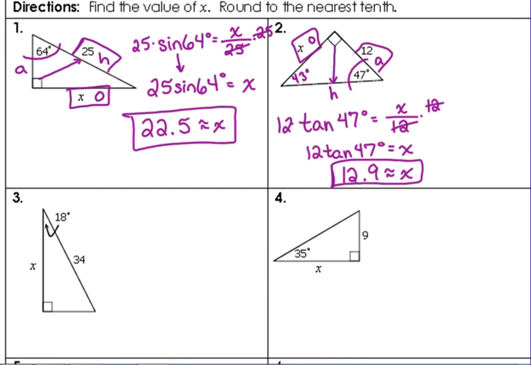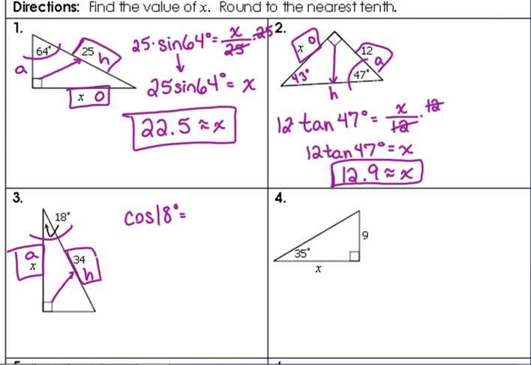All right, number 3. Let's look at that one. Right angle always points to the hypotenuse, so 34 is our hypotenuse. Draw your curve at your angle, so it touches the side labeled X. So adjacent and hypotenuse, that would be cosine.